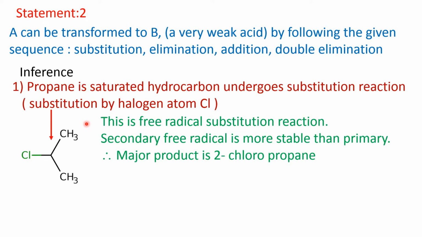So, when propane undergoes substitution reaction by free radical mechanism, there is a possibility of the secondary free radical and the primary free radical. As the secondary free radical is more stable, the major product will be 2-chloropropane, because here the substitution is by chlorine.